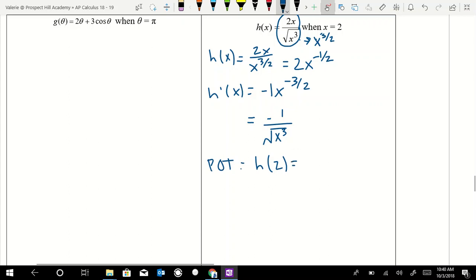So h of 2, we're going to plug in 2. We have 2 times 2 over square root of 2 cubed, which is equal to 4 over square root of 8.